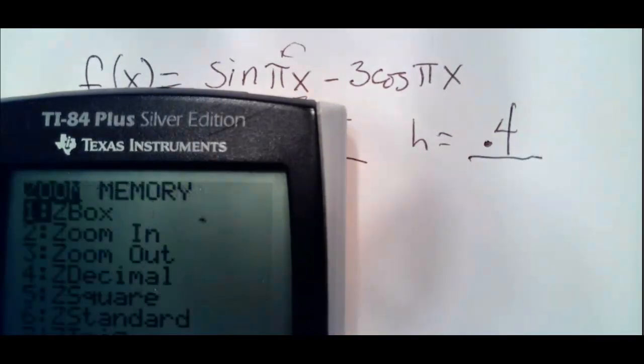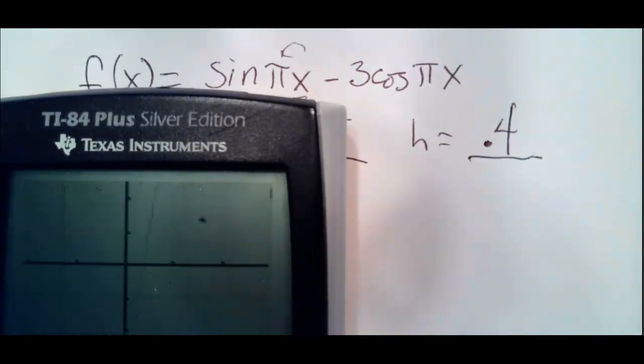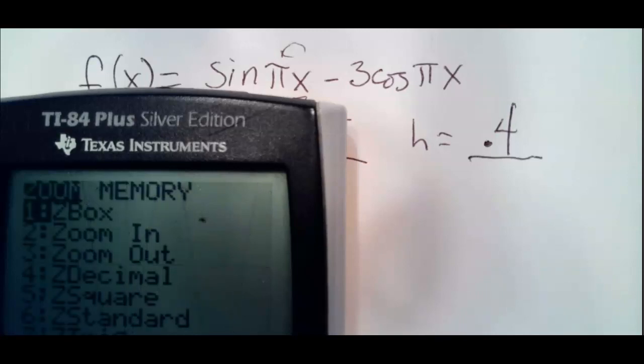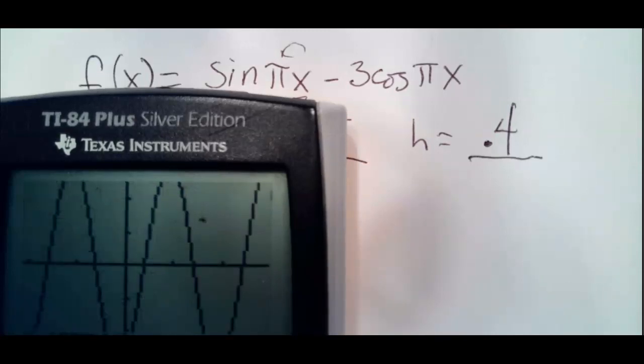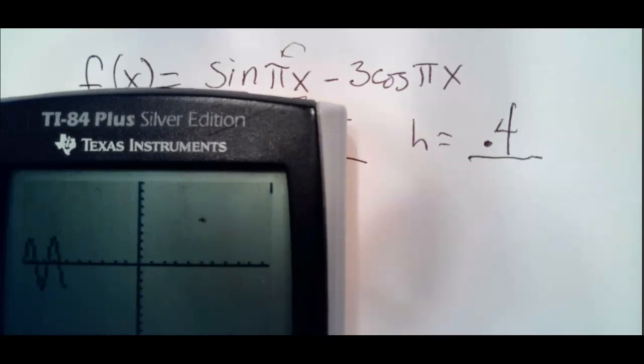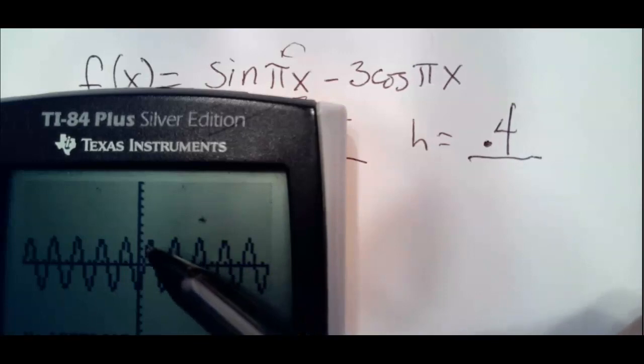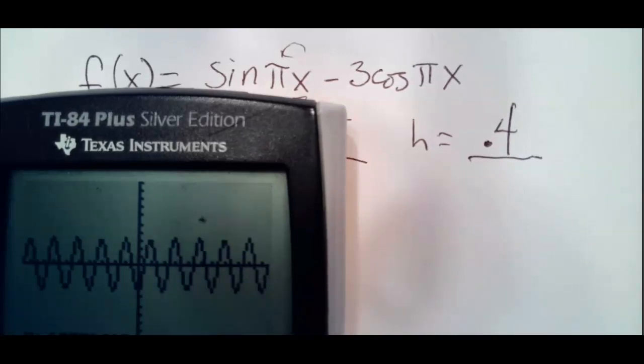All right, we're going to zoom out, because now I need to get the amplitude. Let's zoom out one more time. And of course, when you use your trace button, even though this is a smaller graph, look and see where it's at with the trace, and then look at your answer choices.